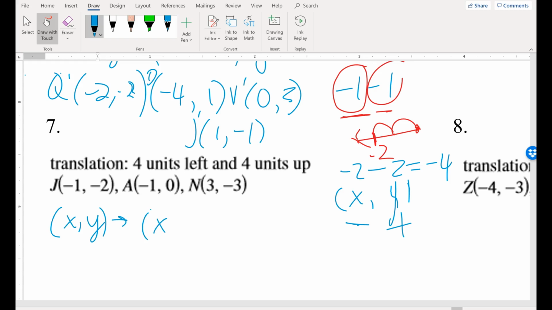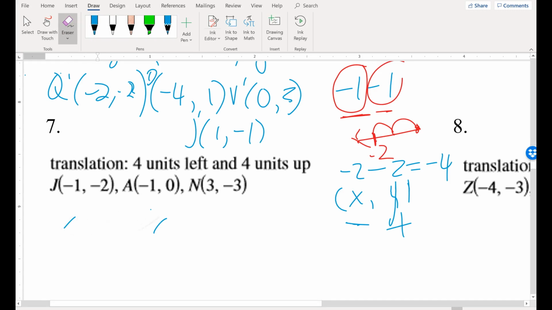I need some room here. Let me erase. I need some room. So I know I'm going to go up there and do that math.